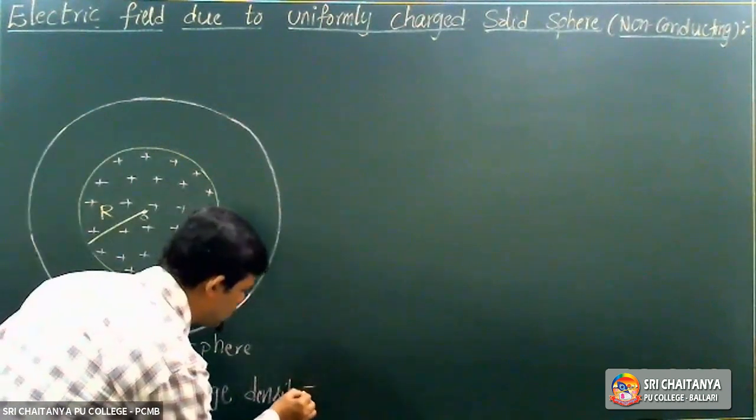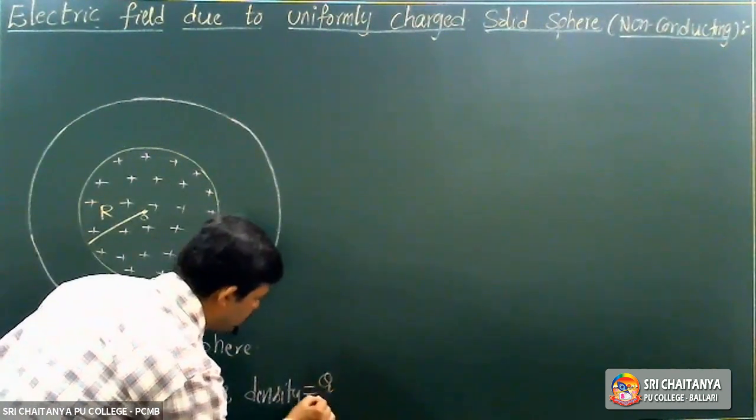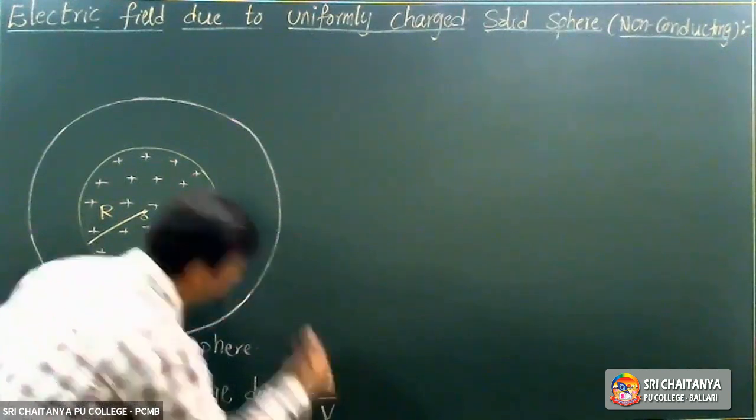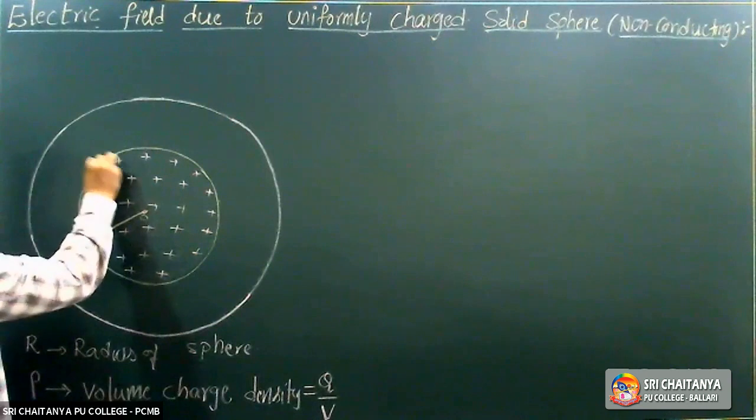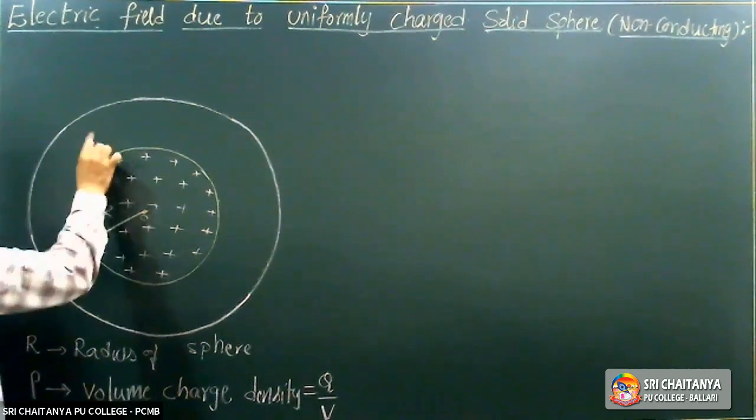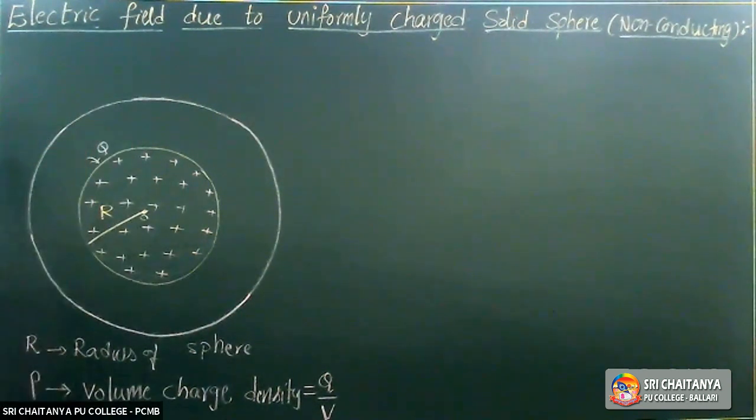Volume charge density means total charge by volume, where Q is the charge given.